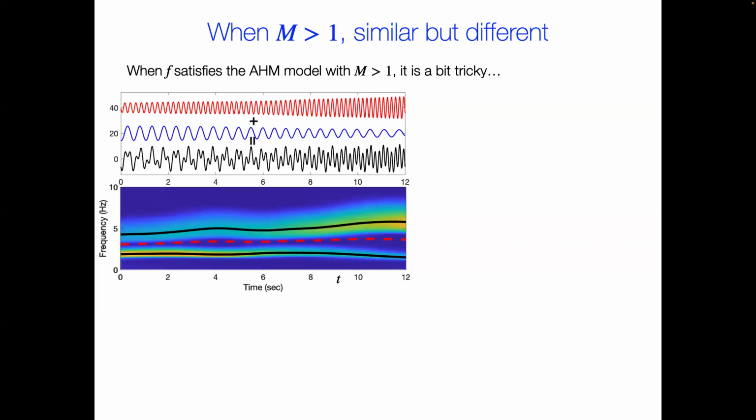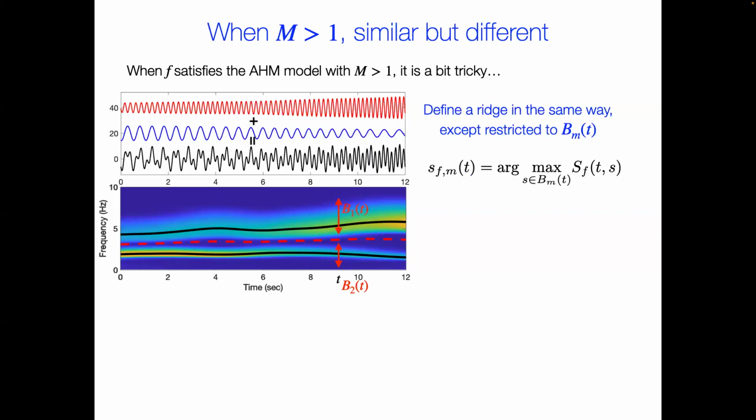So I superimpose the ground truth. The black lines are the true instantaneous frequencies. The red line is the mean of these two curves. And the definition we propose, look, this is the proposal. I don't claim it is the best one. You may come up with a better definition, but based on practical experience, this seems to be a reasonable definition.